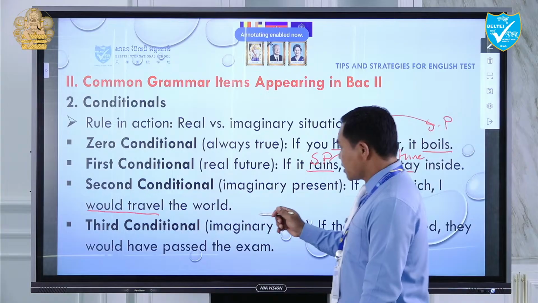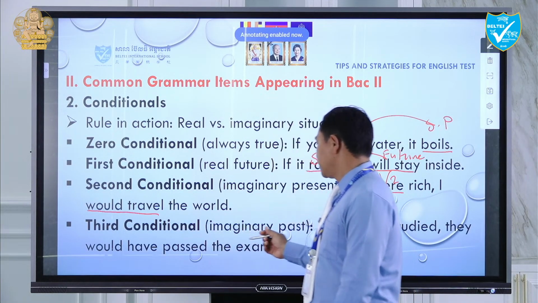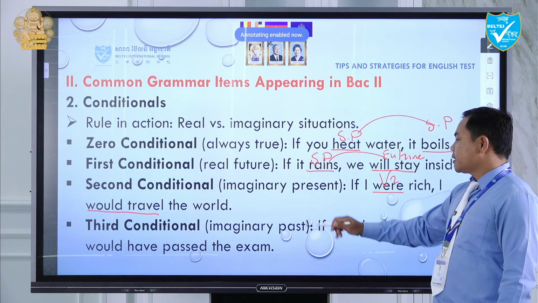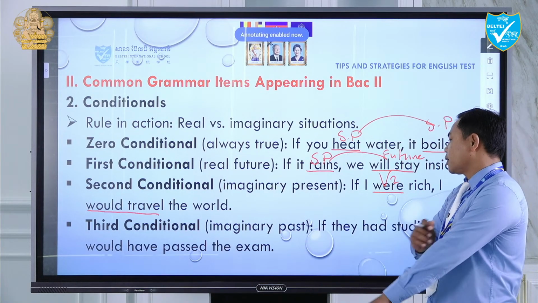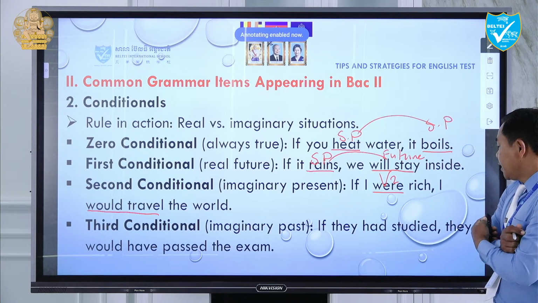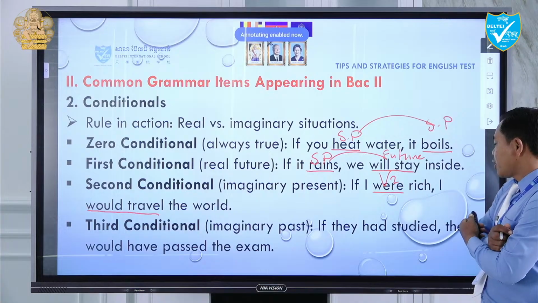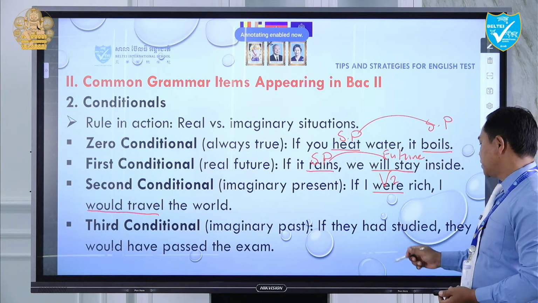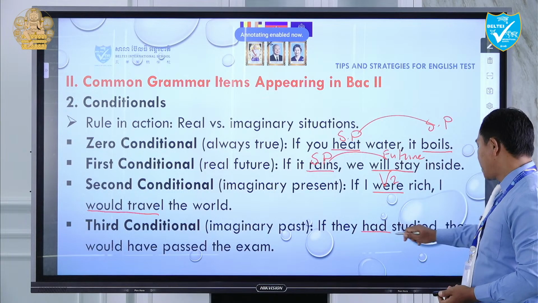And the last is about third conditional. Yes, third conditional. In third conditional, we talk about imaginary past situations. You have to remember that in the if clause, we use past perfect.